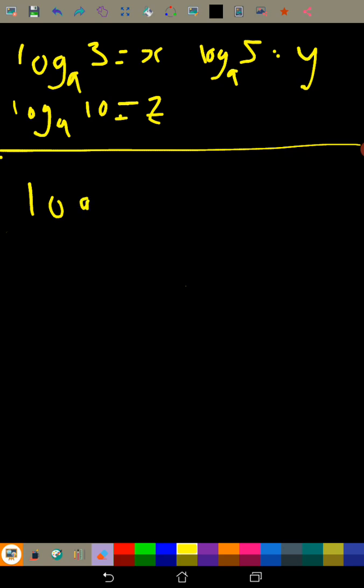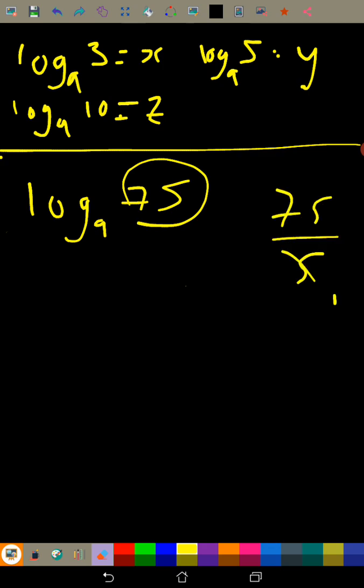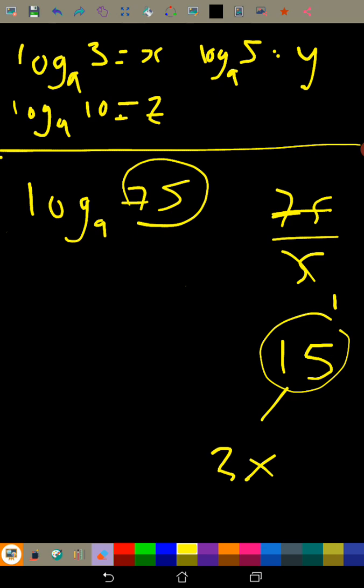So now we have log a 75. So what we're going to do is, how can you get this? If we divide it by 5, we'll get 15, right? And how to get 15? 3 times 5 again.